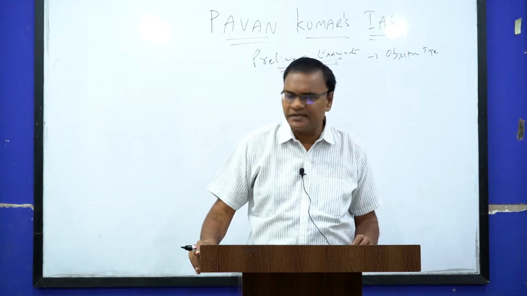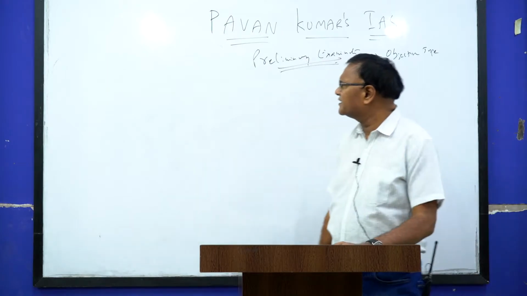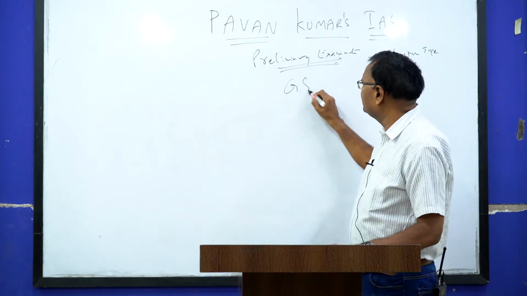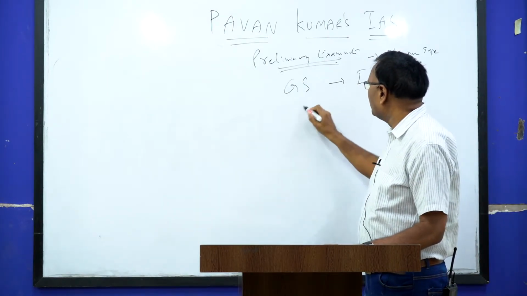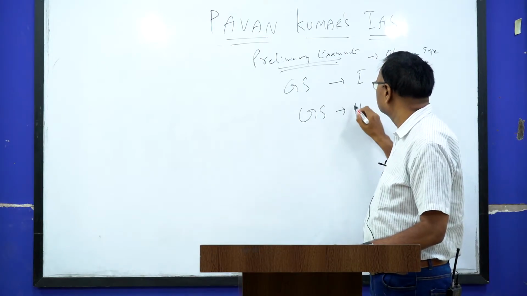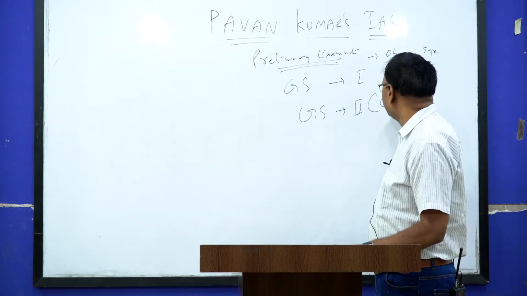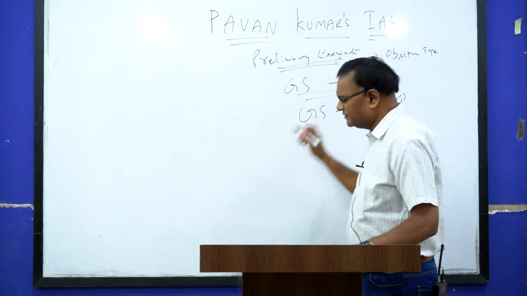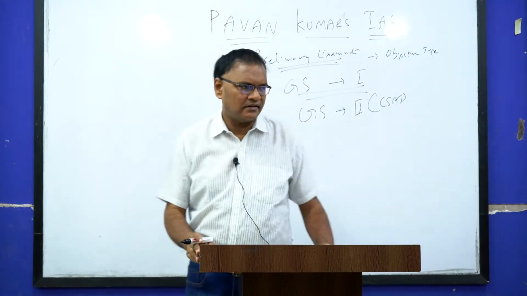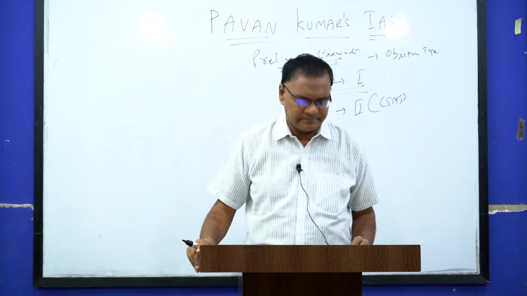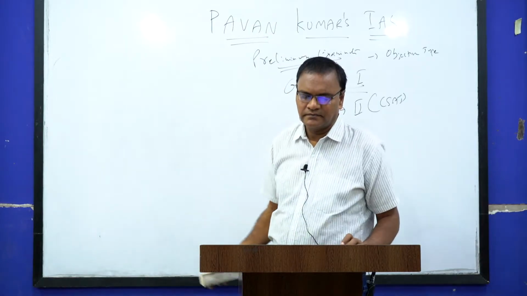This is what we call objective type. In this preliminary examination, you have 2 papers, GS1 and GS2. The second is also called CSAT.